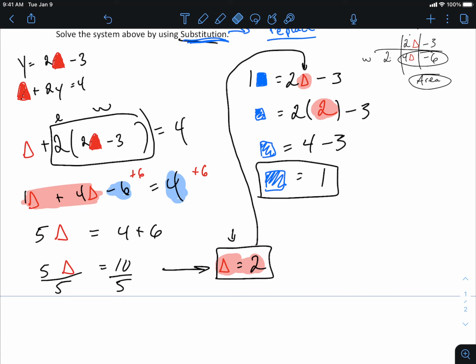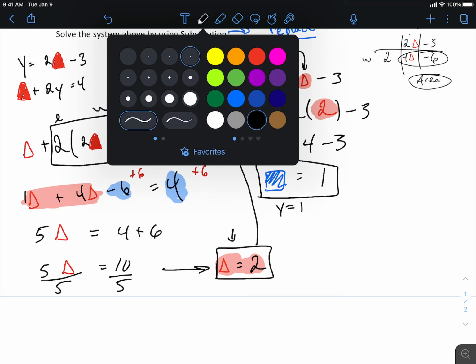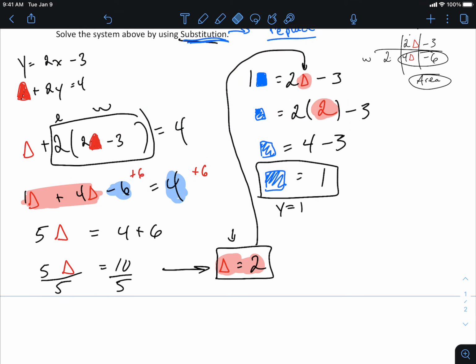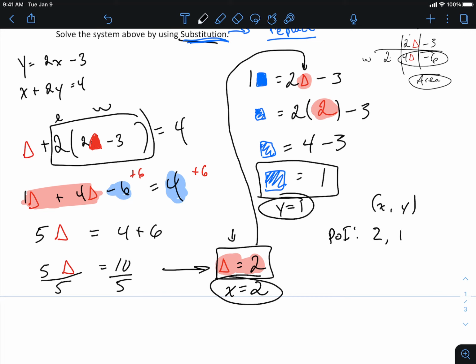A blue square was y. So look at that. Y equals 1. What was the triangle again? Oh, the triangle was x. What's my point of intersection? It's what you get when you combine these two things. Where POI, and remember it always goes x and y, that's 2 and 1.